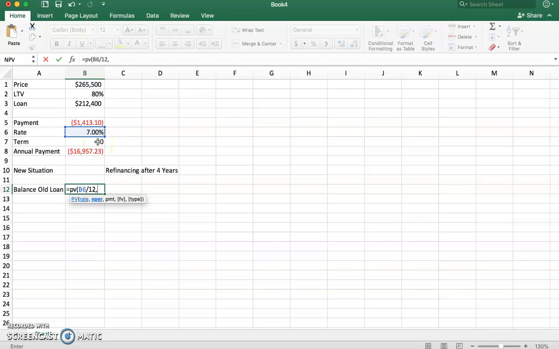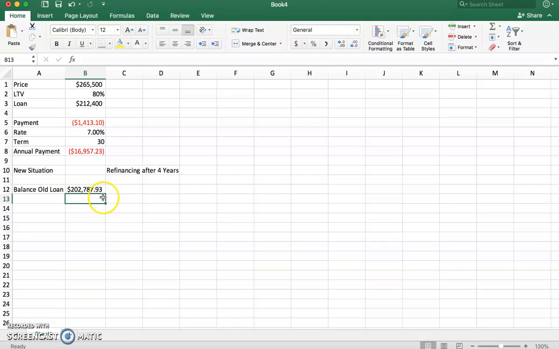The term this time is a little different. We're going to take our 30 years, but subtract the 4 years that we've already been paying on this loan, so 4 times 12. Oops, that's a comma. And then our monthly payment we're going to put in there. Awesome. So that's how much we have remaining. You can see we've paid off about $10,000 of it so far, a little bit less.